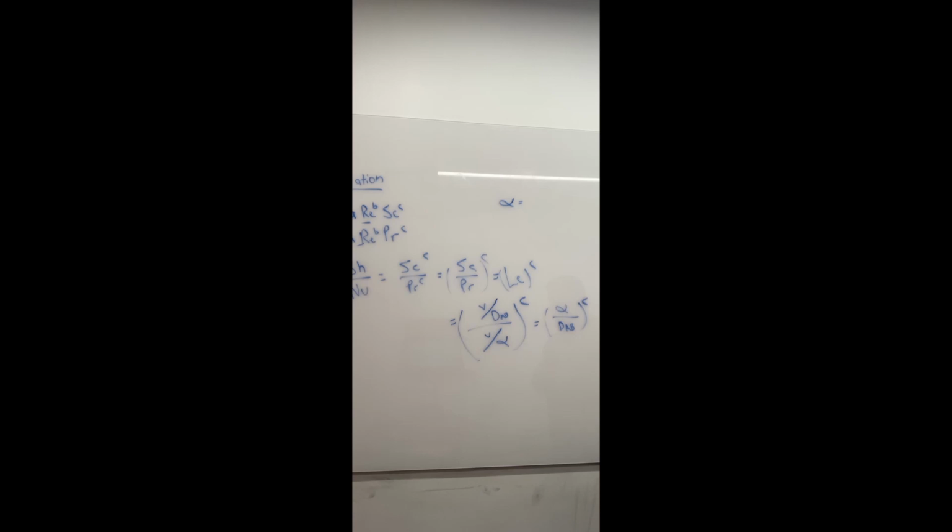So thermal diffusivity is equal to k over c_p, and then it should be density. So basically we can put that into here and create a relationship.